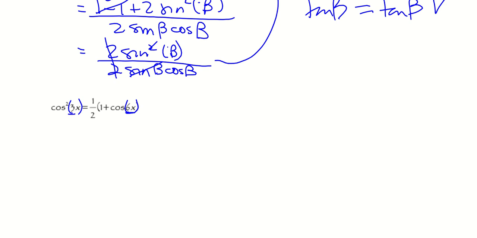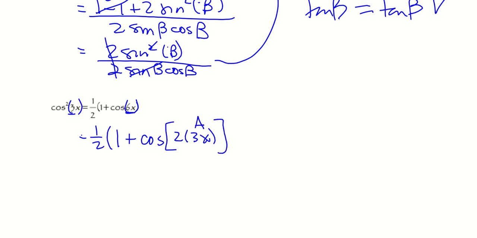Your answer should be yes, Mrs. Key, it is. So if I rewrite this, 1/2 of 1 plus the cosine of 6x, which is 2 times 3x. If I think of this 3x as my A, then this is the cosine of 2 times an angle.